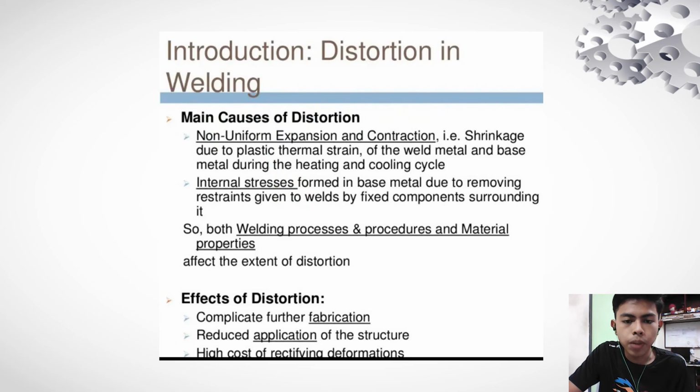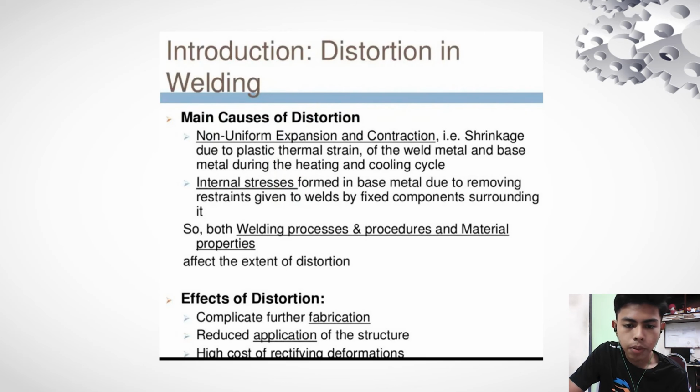Shrinkage due to plastic thermal strain of the weld metal and base metal during the heating and cooling cycle. Internal stress formed in base metal due to restraint given to the weld by fixed components surrounding.